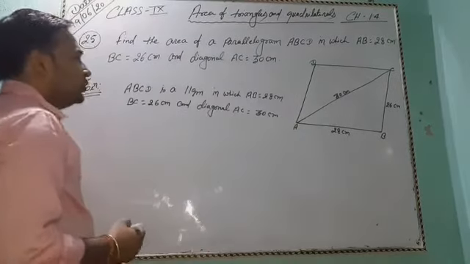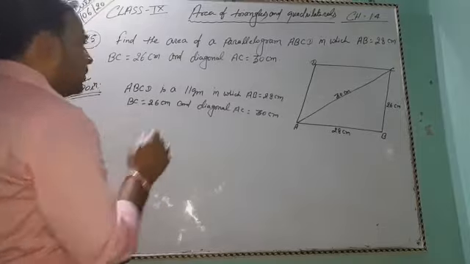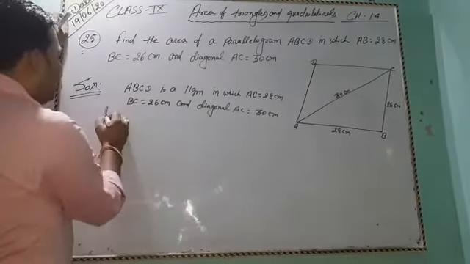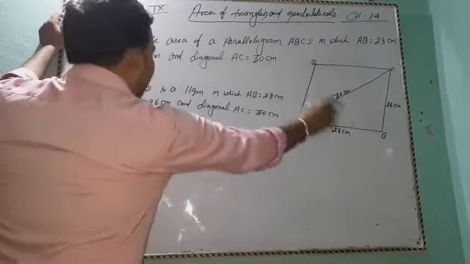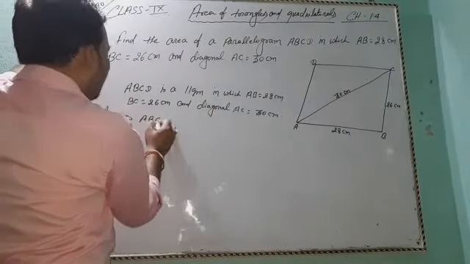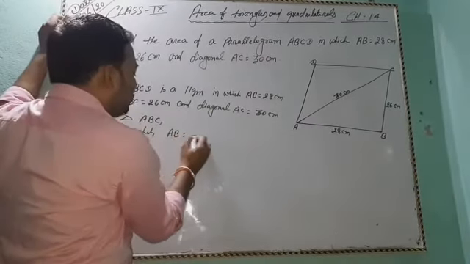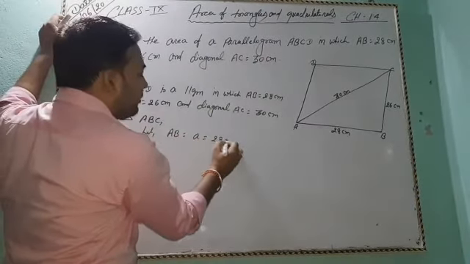Okay, so in triangle ABC, let AB equal to a equal to 28 centimeter.